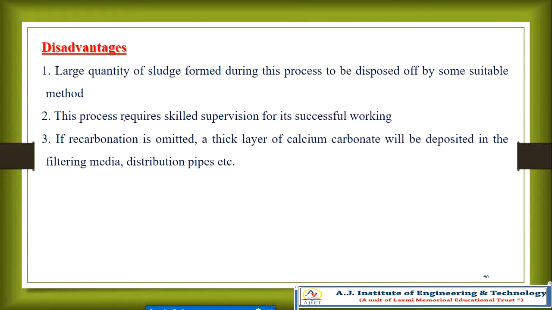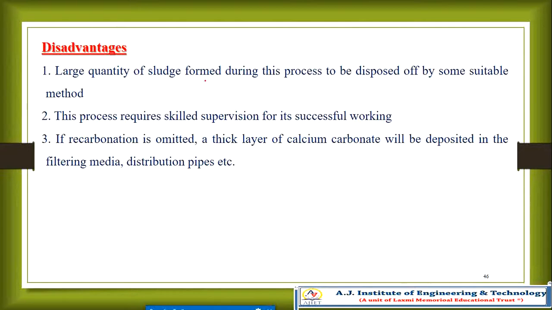This process requires skilled supervision for successful working, and if recarbonation is omitted, a thick layer of calcium carbonate will be deposited on filtering media, distribution pipes, etc.